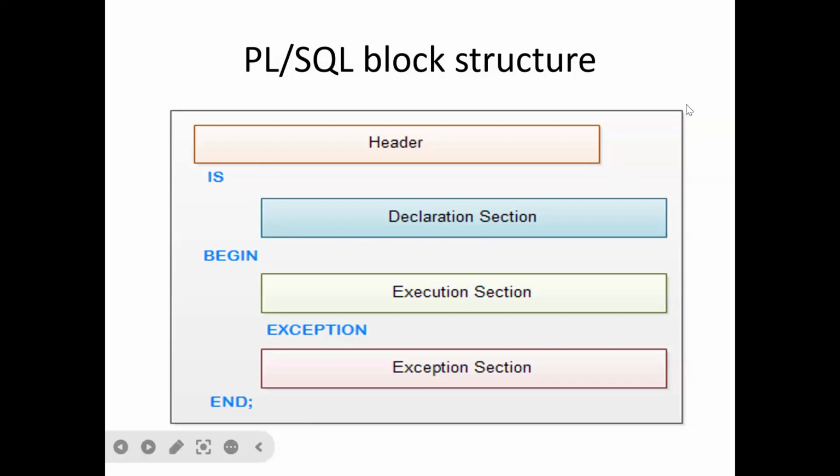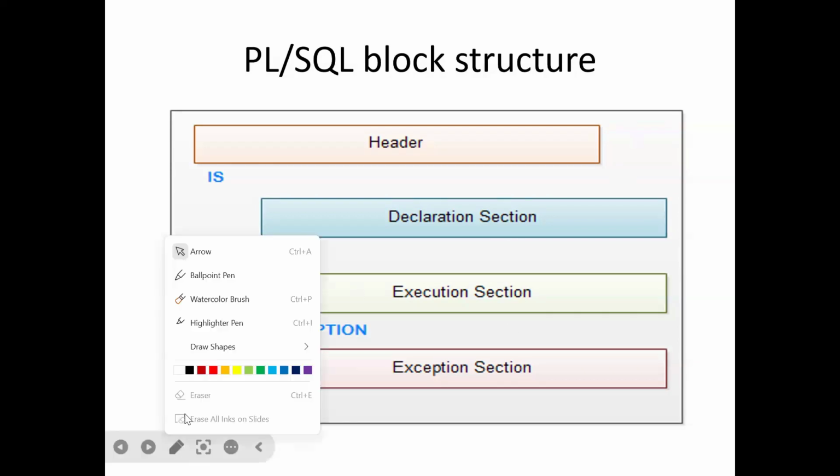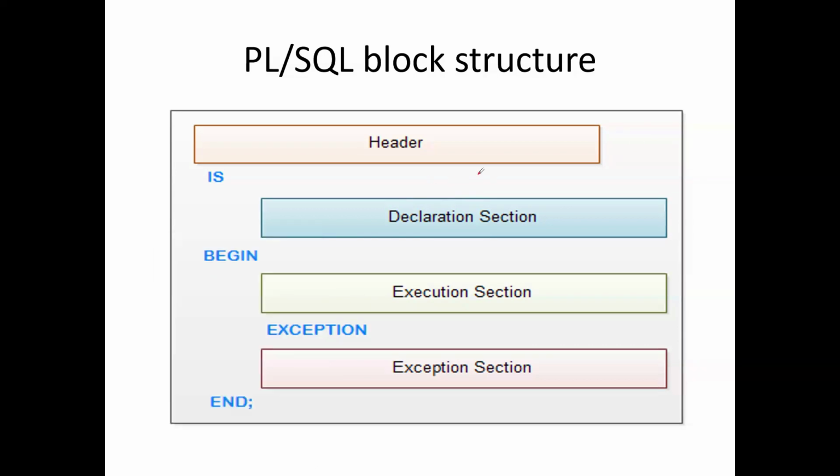Your PL/SQL program consists of different sections. A header section is there. Next, you have the declaration section, the execution section, and the exception section. These are the various sections of your PL/SQL block or PL/SQL code. The header section is an optional section of your PL/SQL code.